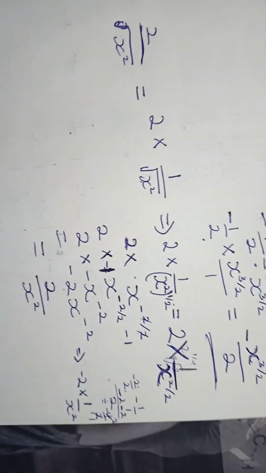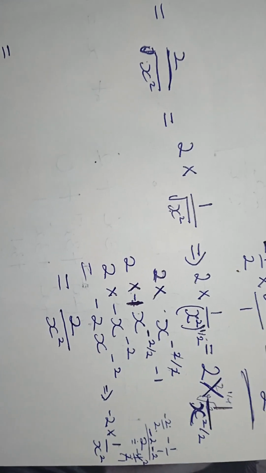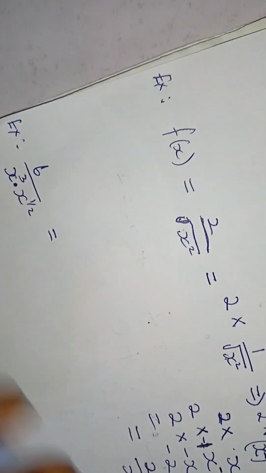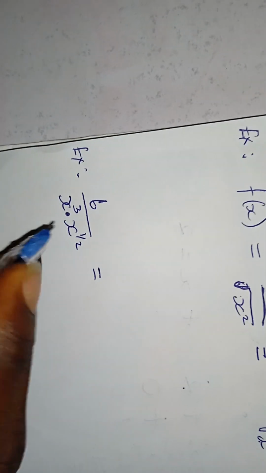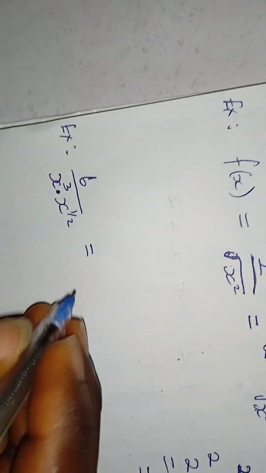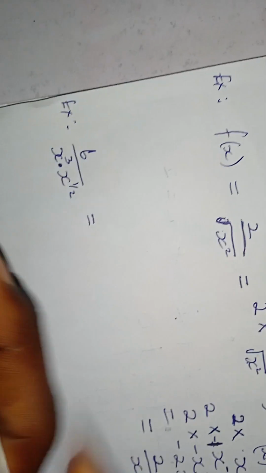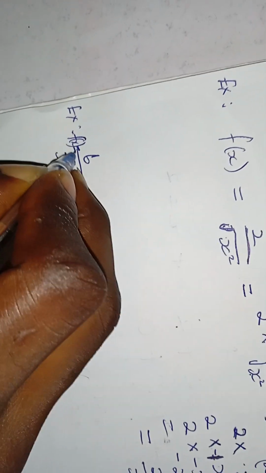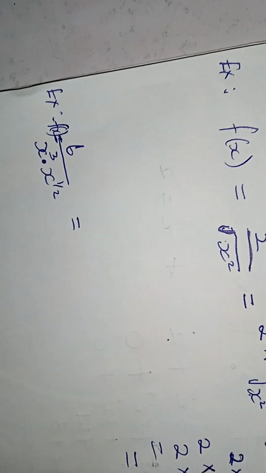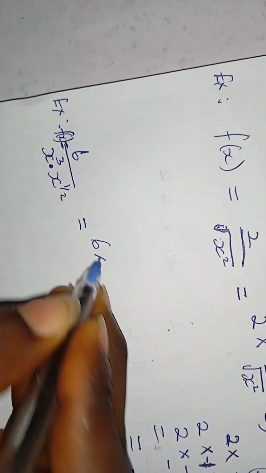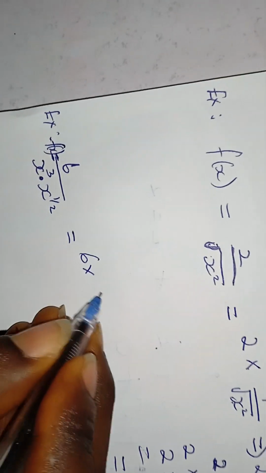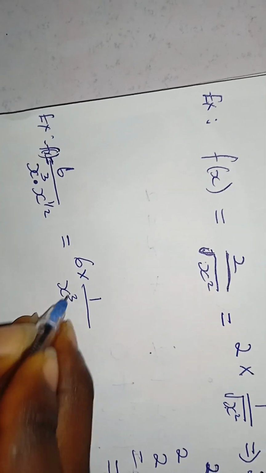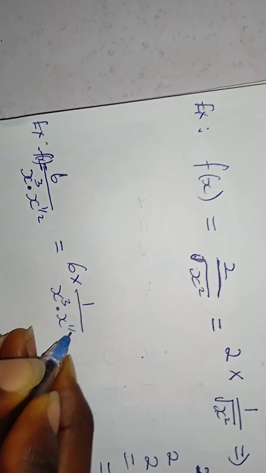Now this is it, and let's move to the fourth one. They said 6 all over x cubed dot x squared. Do you know that this is f of x? f of x is equal to 6 times 1 over x cubed dot x half.